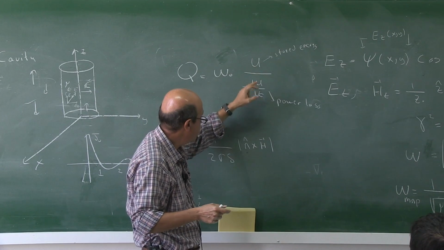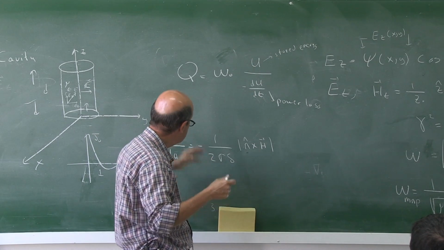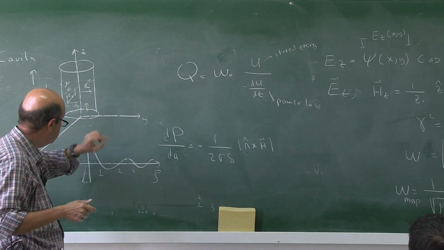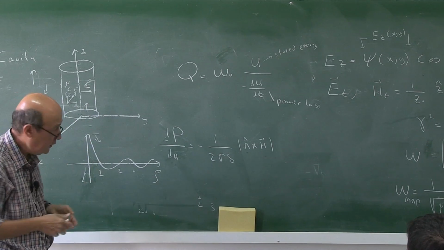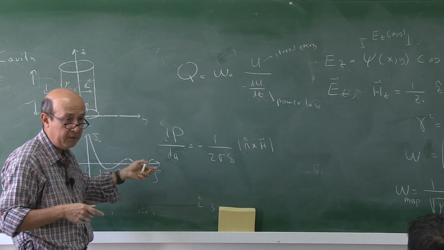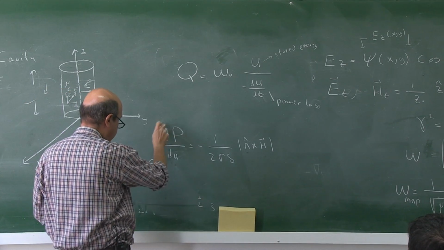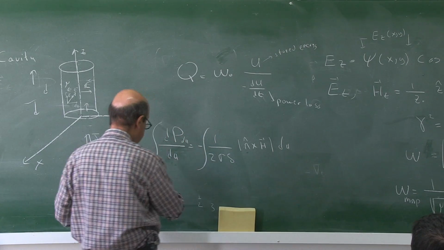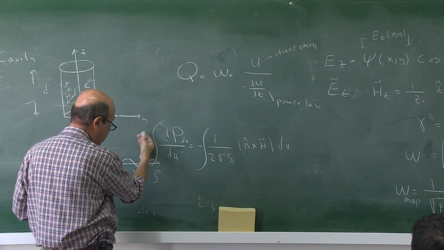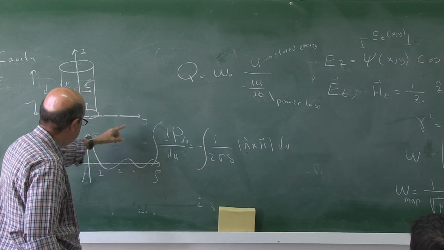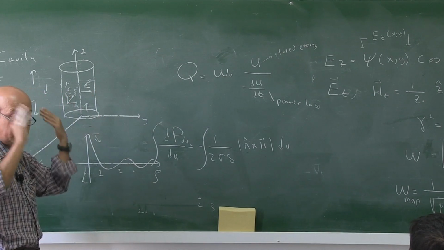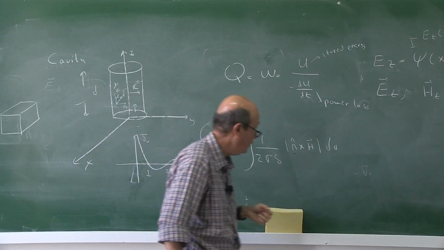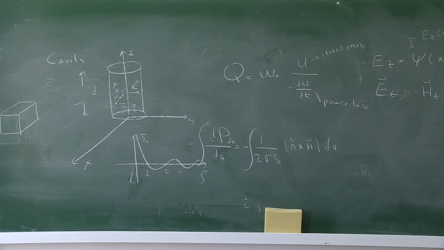Knowing the total energy and the power loss, you can calculate the quality factor of the given frequency. For this specific example, to calculate the total power loss, you have to integrate this over dA. How many surfaces do you have? The cylindrical surface, and the up and down surfaces. You integrate this, and you can calculate the quality of the cavity.